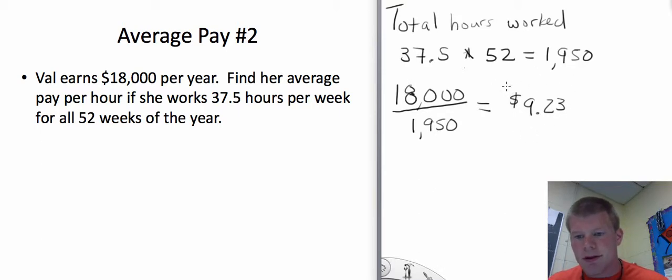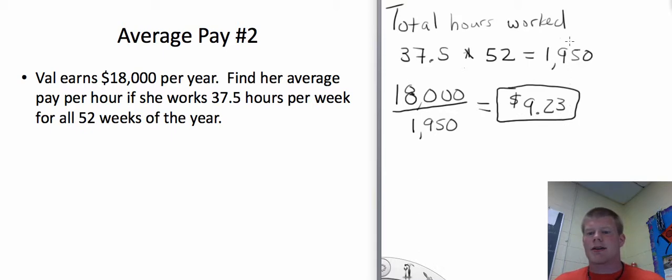This would be our final answer. There's an extra step in there because we did not have the information we needed to figure out the answer right away in one nice easy step. So we had to do a quick multiplication, and then we were able to use our division for the average function and figure that out.